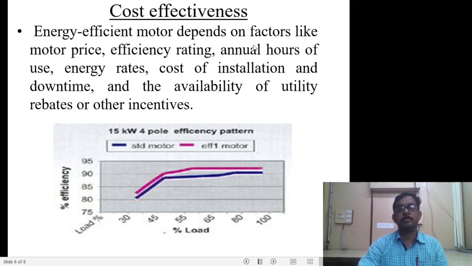The cost effectiveness of an energy efficient motor depends on factors like motor price, efficiency rating, annual hours of use, energy rates, cost of installation, downtime, and the availability of utility rebates and other incentives. So these are the factors which affect the cost of the induction motor. So as per the requirement and the loading condition, we have to select the particular energy efficient motor.